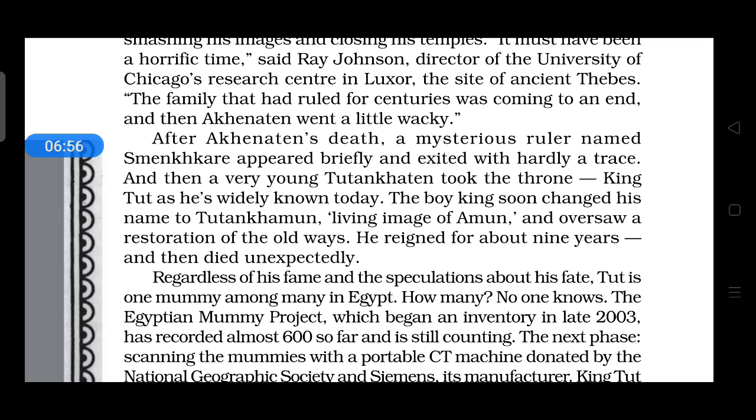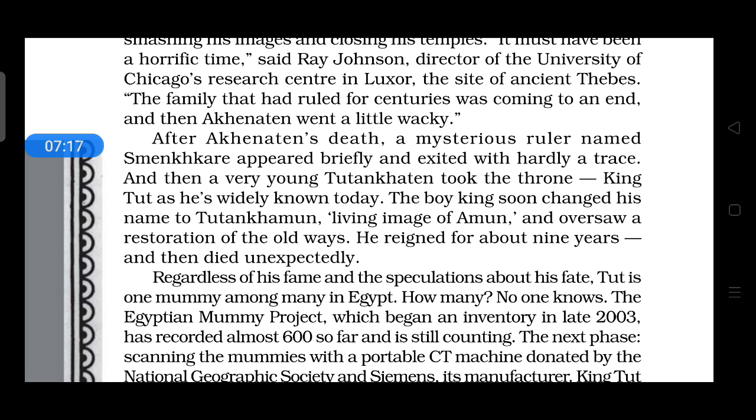So this young boy, about whose mummy we are reading today, tried to bring back the old ways. He reigned for about 9 years and then died unexpectedly.